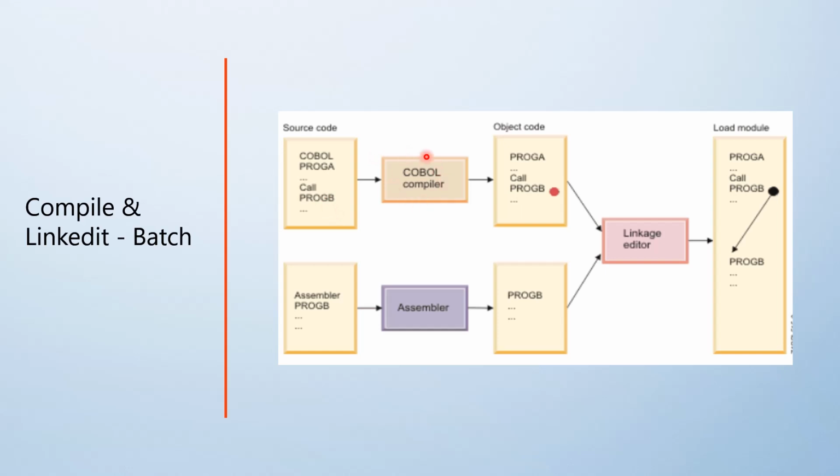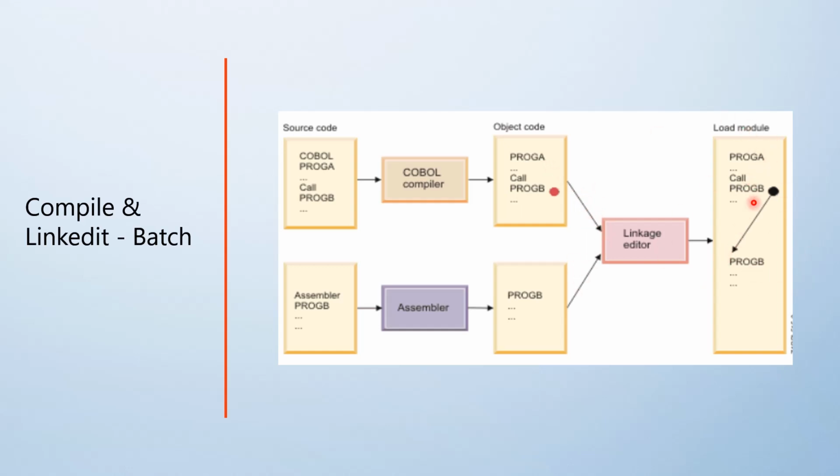So you use a COBOL compiler to compile the source, which in turn generates an object code. Because this program is calling program B, which is written in assembler, you need an assembler to assemble it, and it generates an object code for program B. Then there's another step called link edit, where it links both these programs and creates a load module.